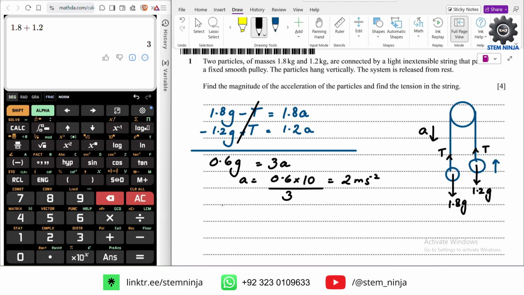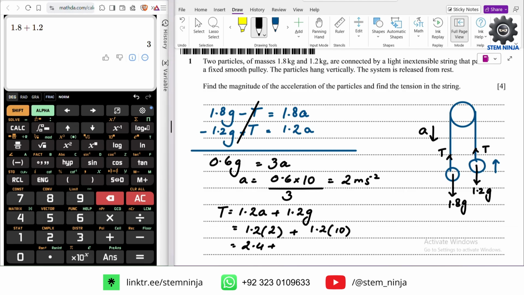Now we need T, so T would be 1.2a plus 1.2 g. So 1.2 times 2 plus 1.2 times 10. That would be 2.4 plus 12, so that is 14.4 newtons.